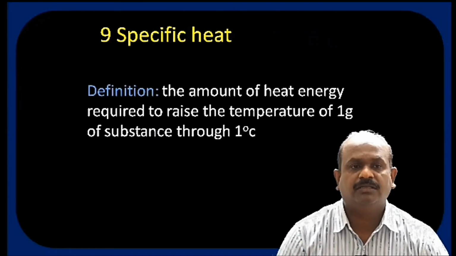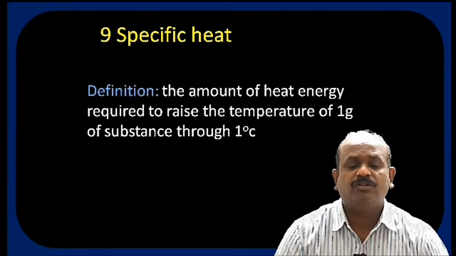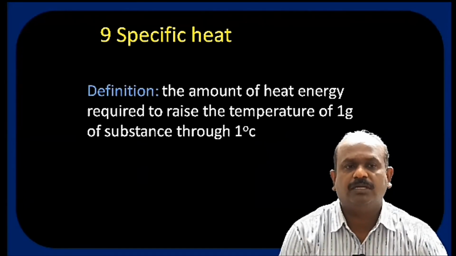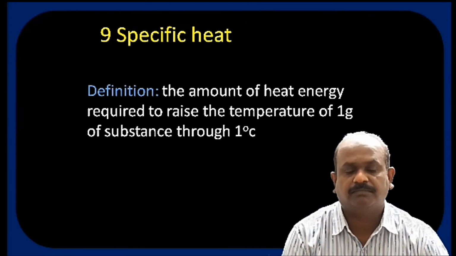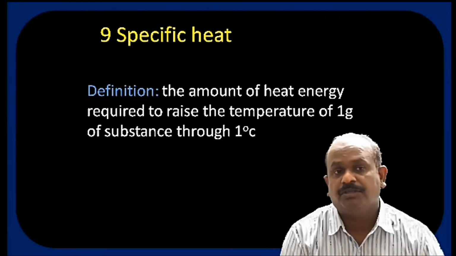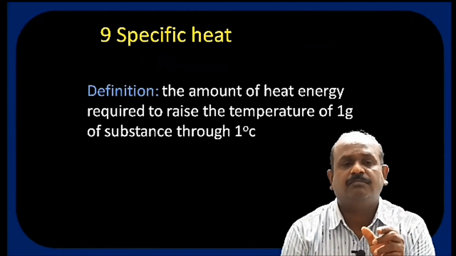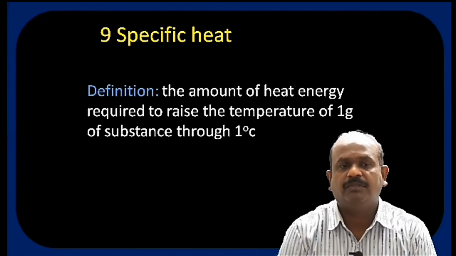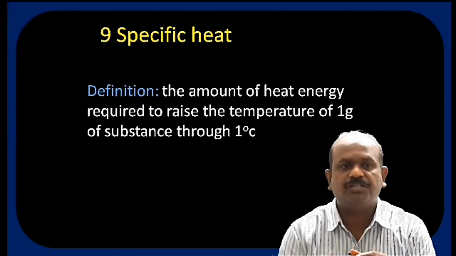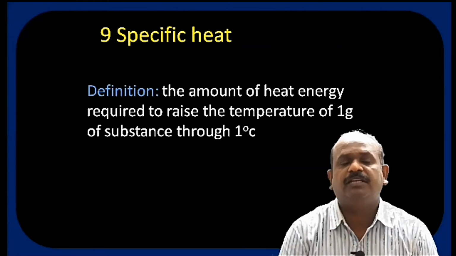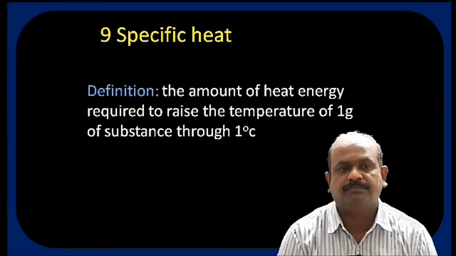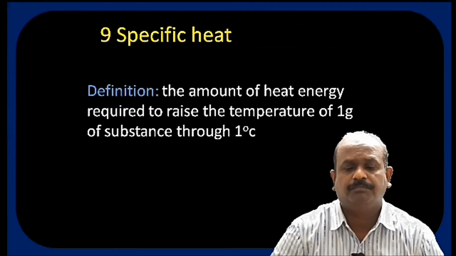Specific heat is the amount of heat energy required to raise the temperature of 1 gram of substance through 1 degree Celsius. That means you take 1 gram of substance and raise its temperature through 1 degree, then how much heat energy do you need to supply? That amount of heat energy is called the specific heat of that substance.